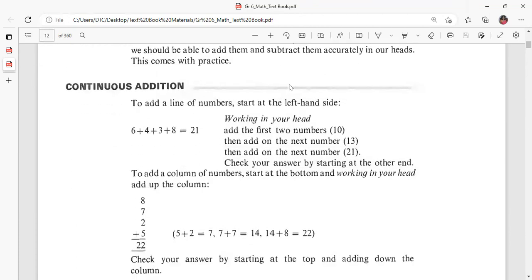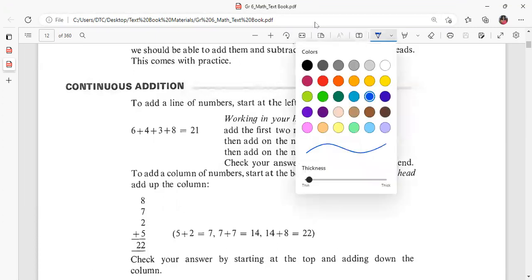Now if you check, you can see these kinds of things. I'll take a different color.